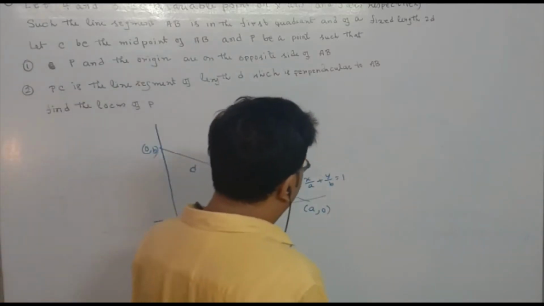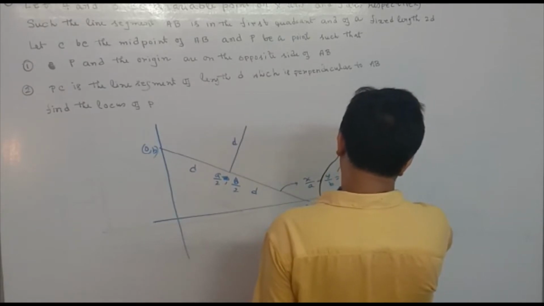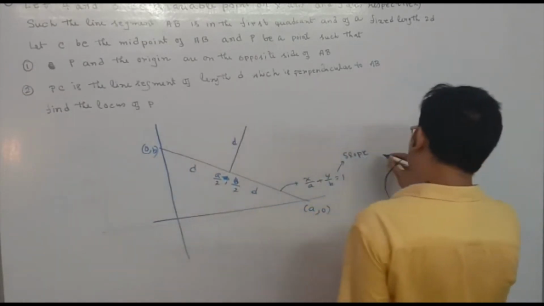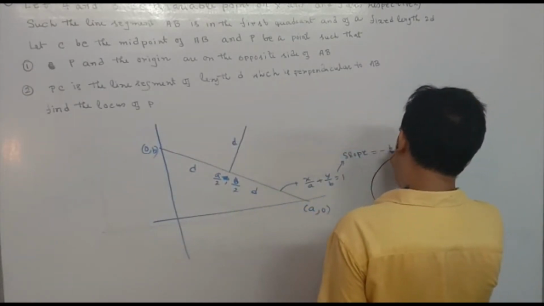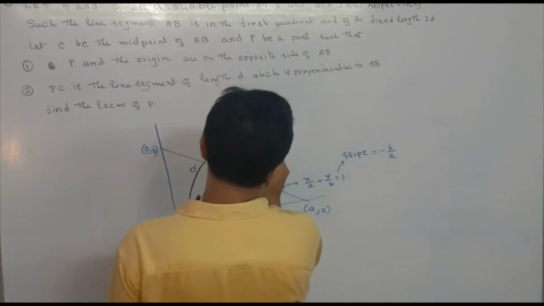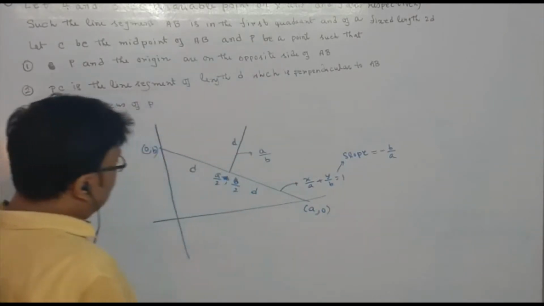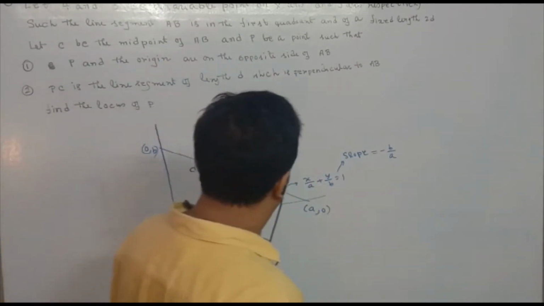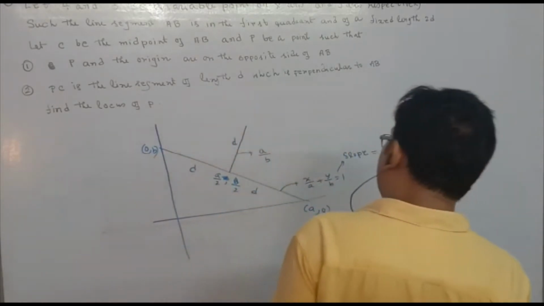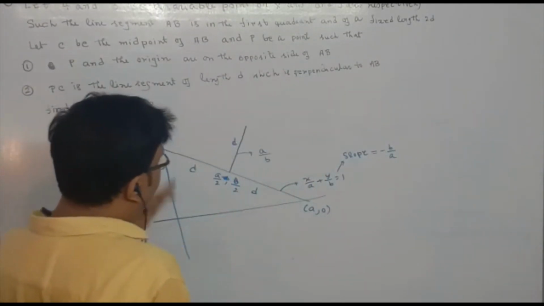Now, the slope of this line AB is minus b by a. Therefore, the slope of this perpendicular line is a by b. So as the slope of this line is a by b, tan theta equals a by b.